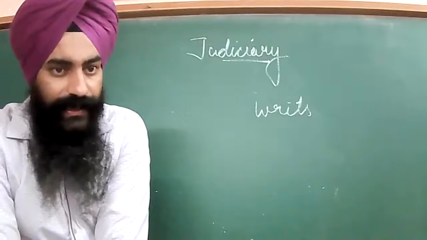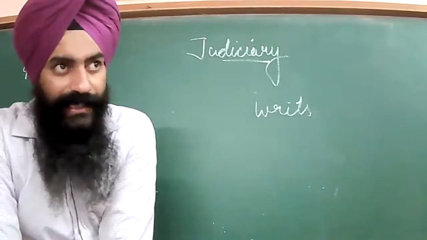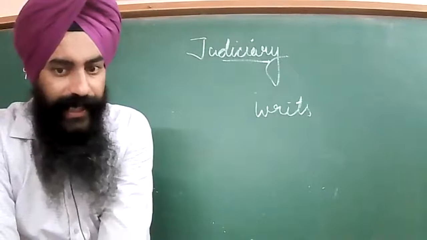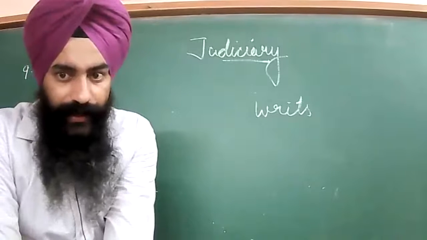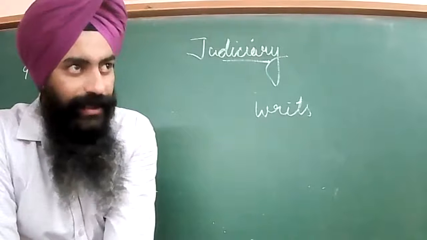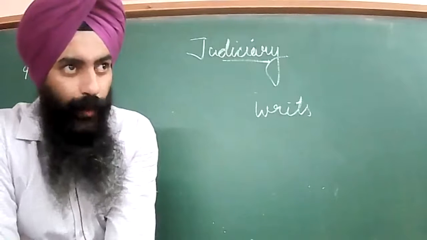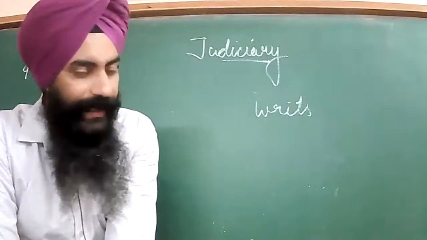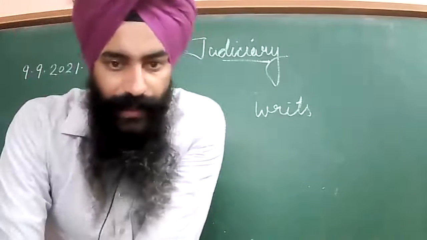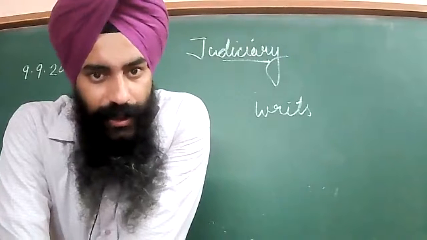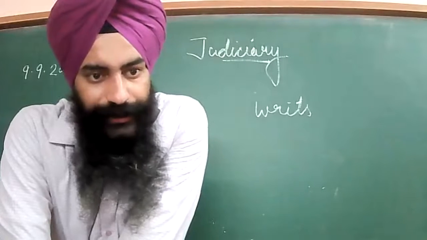Under such circumstances, the judiciary passes the writ. Writs mean stay orders. They are passed by the judiciary against those authorities which are responsible for the violation of the rights of citizens. Clear? So this is the fifth function of a judiciary.